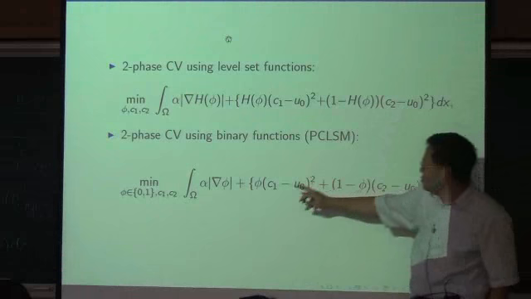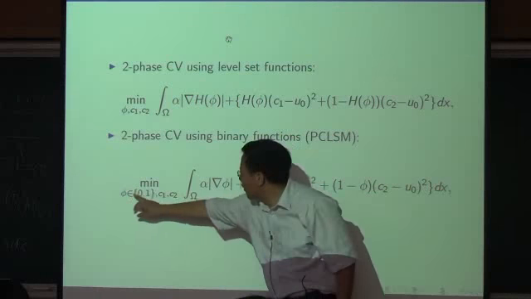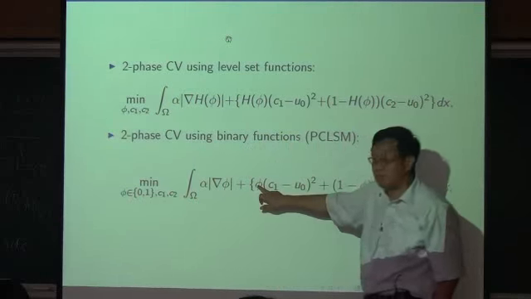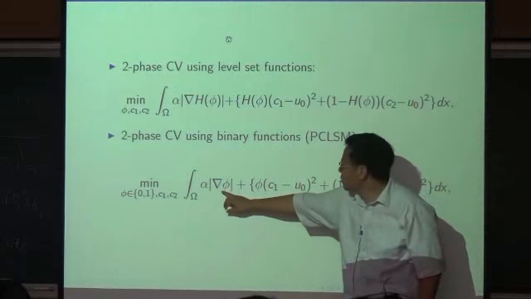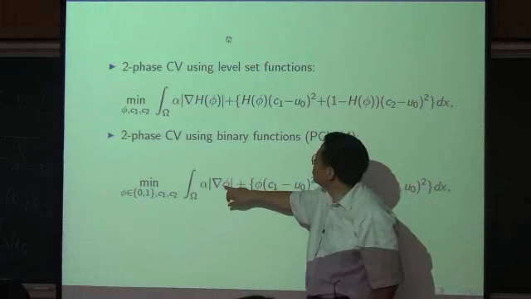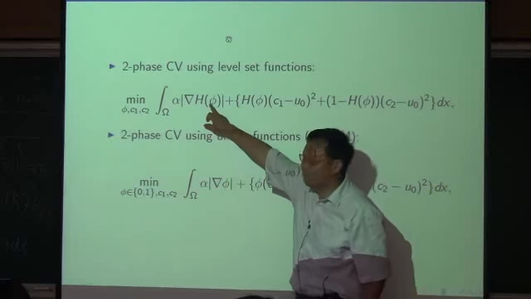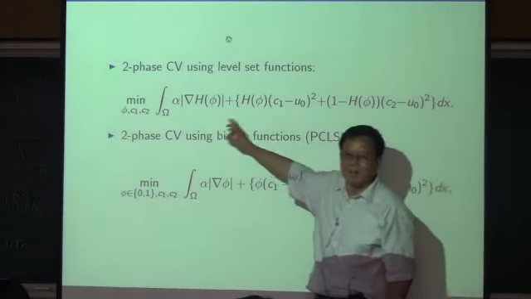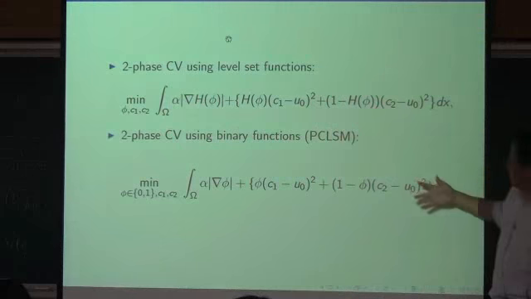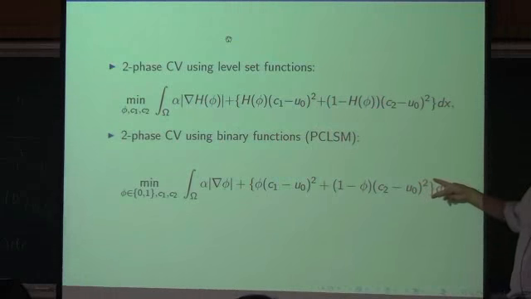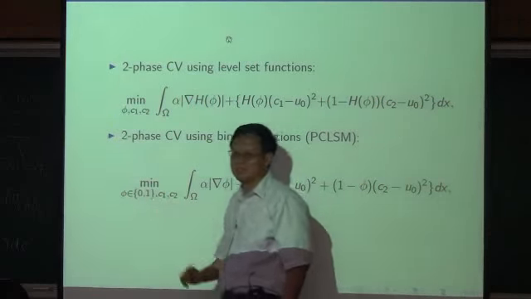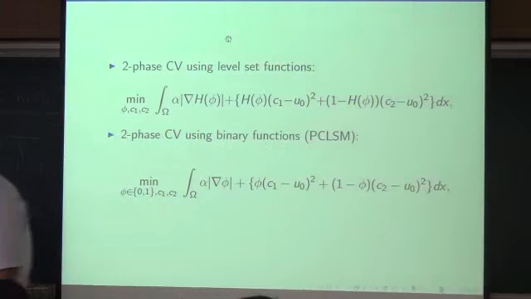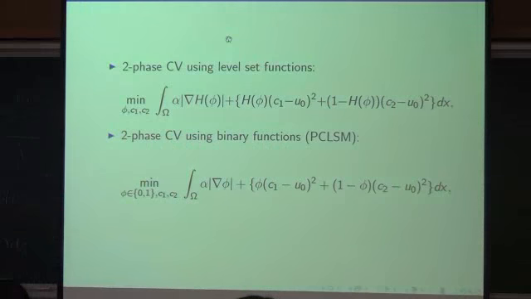So instead, we can use a characteristic function phi taking values 0 or 1. Here you put the characteristic of region 1, here the characteristic of region 2, and here the total variation. This is equal to that one. So this is the two-phase characteristic formulation. What we have been talking about is that you just relax this to the interval. That's the relaxation method we were just discussing.